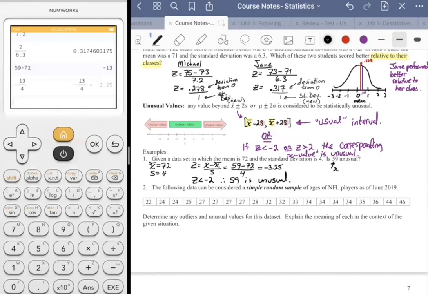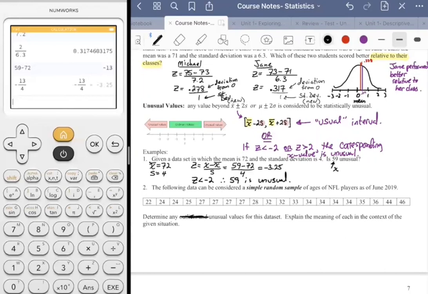And so the last one we'll do before we switch over to the tech assignment is number 2, obviously, because it's the last one. The following data can be considered a simple random sample of ages of NFL players as of June 2019. All right, so it's old data, but it still gets the point across. A typo, it should be determine any unusual values, not outliers.